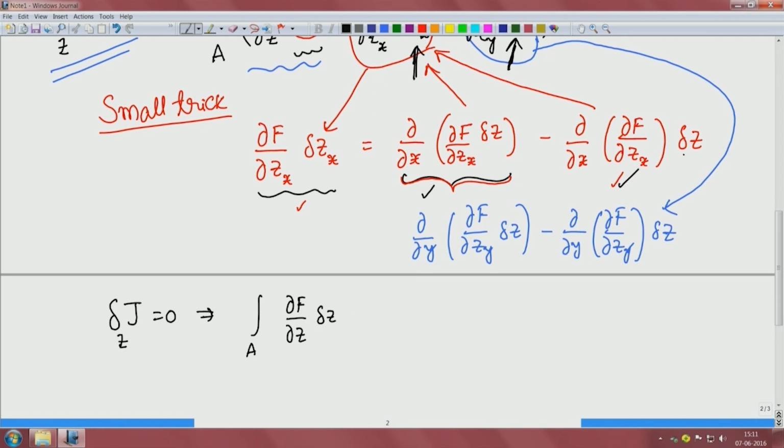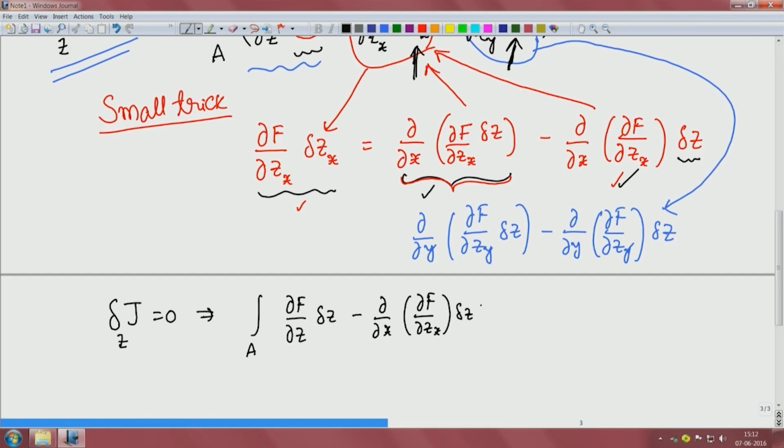I will take the one that has delta z and write this separately. So, this will be minus dou by dou x into dou f by dou z x delta z, and this also minus dou by dou y into dou f by dou z y times delta z. So, all these have delta z. Let us put it together.